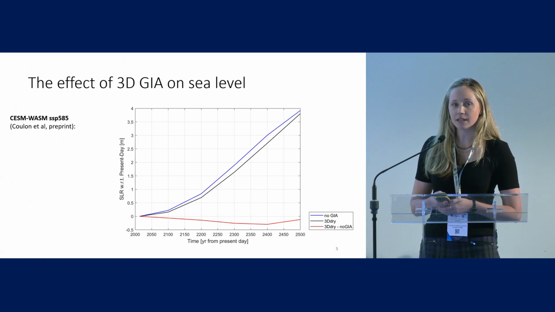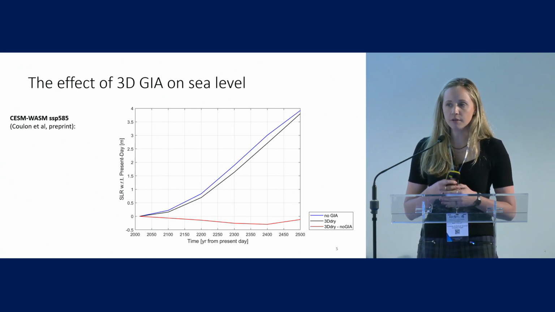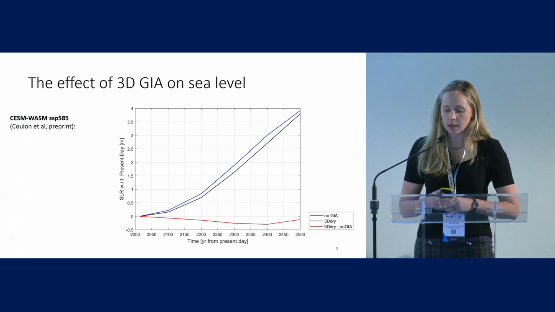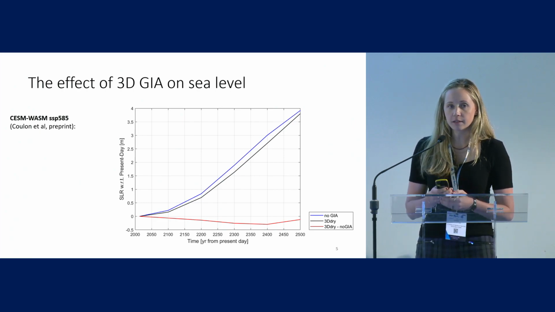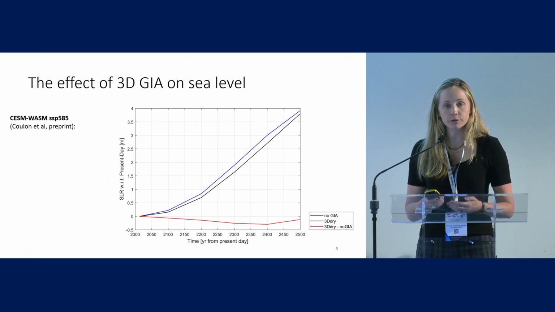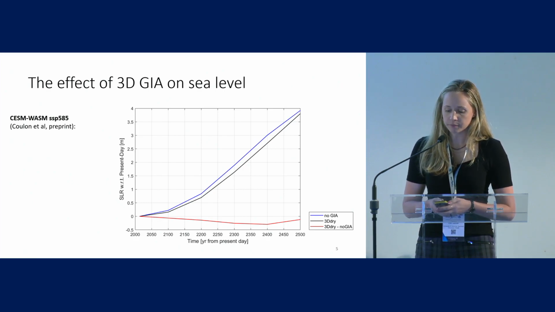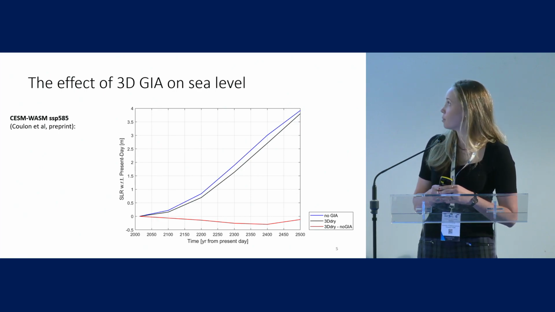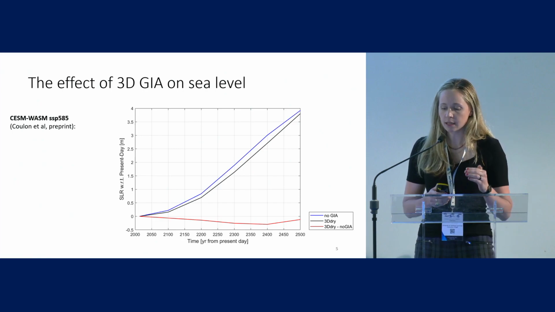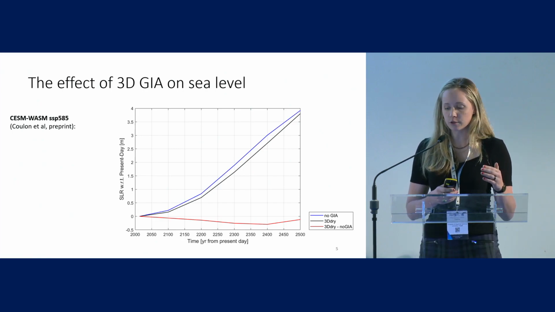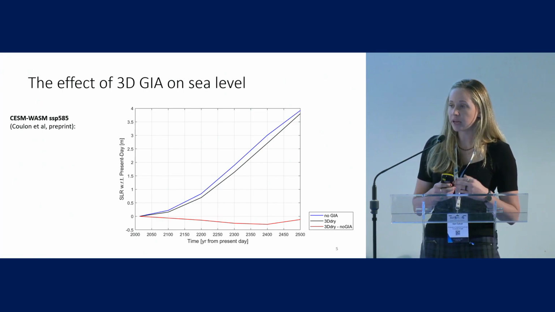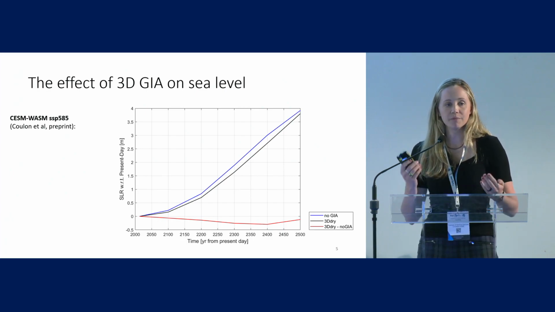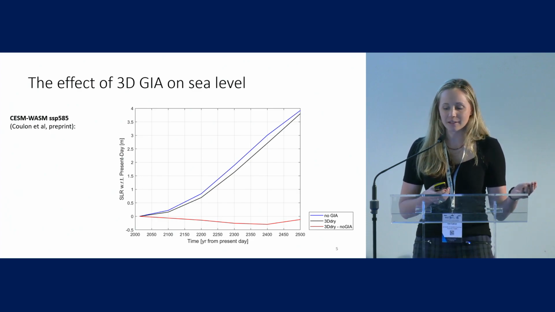And when we take a look at the sea level, so we only include the effect of the ice loading here. And then when you see the effect on the sea level contribution from Antarctica, when you include no GIA, which is the blue line, the top line, we see that it's actually a higher sea level contribution than the black line below, which includes 3D GIA, because remember that this GIA is a stabilizing effect.